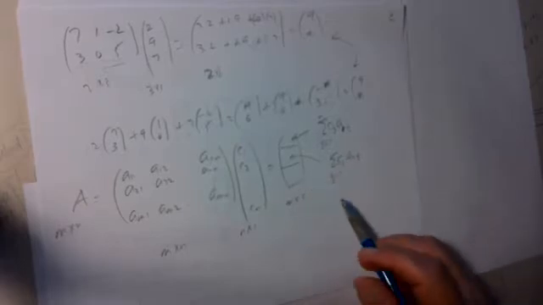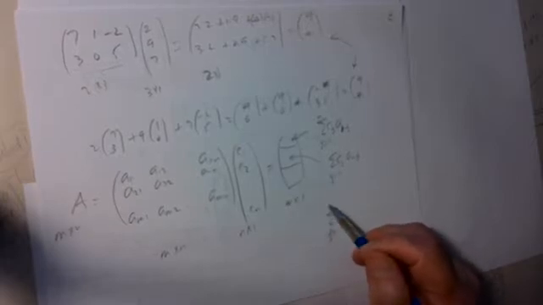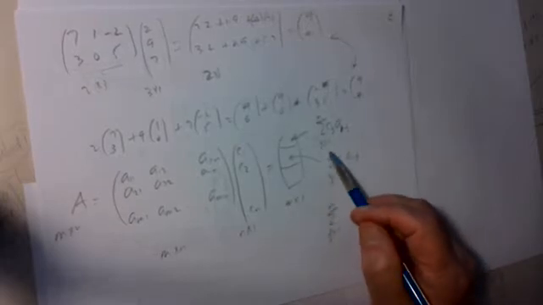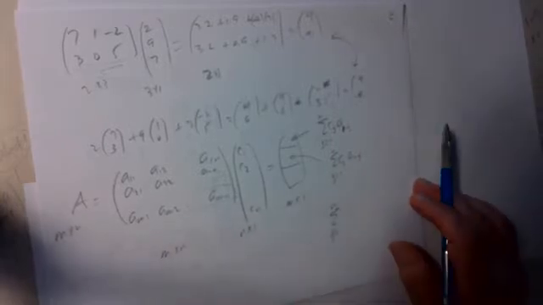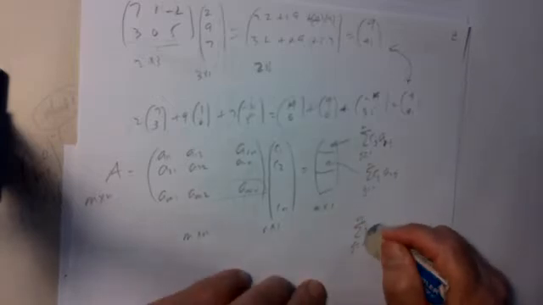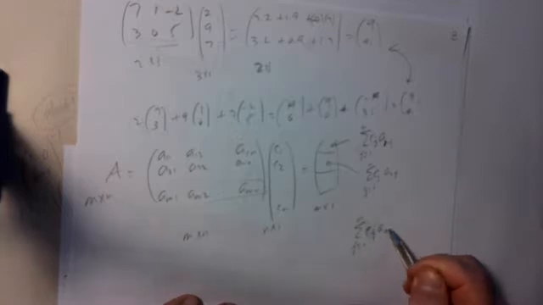All the way down to the last coordinate, which is summation, j goes from 1 up to n. You're multiplying the last row into the column. That's summation Amj Cj.